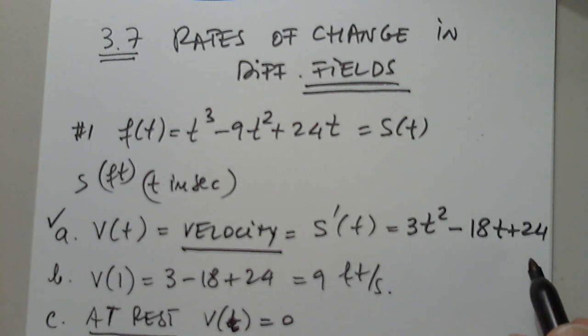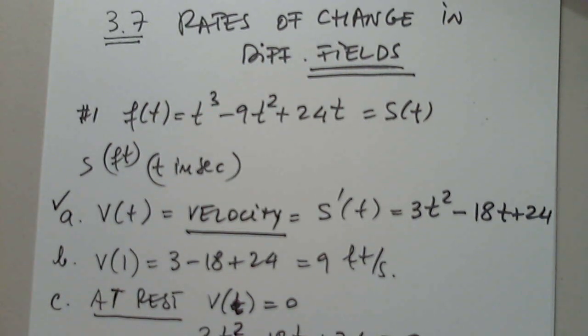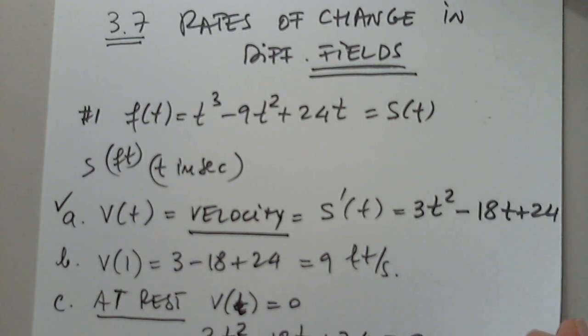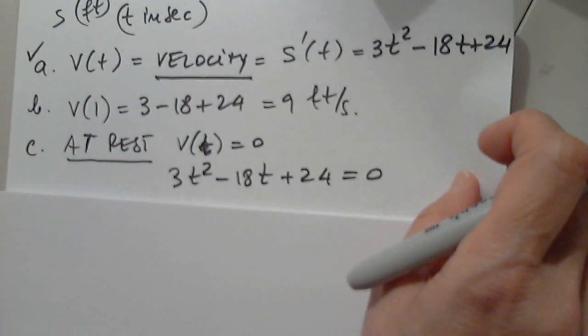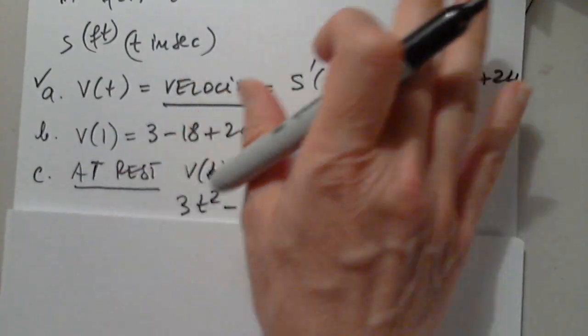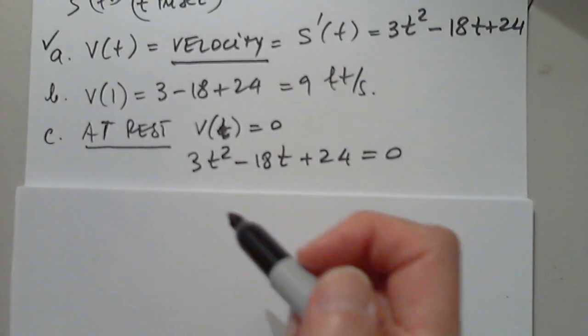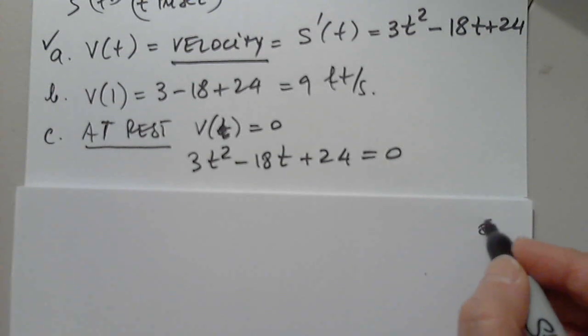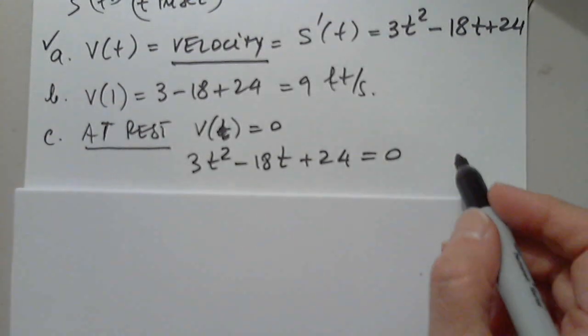Okay, I have the velocity here. 3t squared minus 18t plus 24 equals 0. You have the option of using the polynomial feature in the graphing calculator and determine the solutions. If you have difficulties factoring, or if it takes too long, use the feature in the graphing calculator.